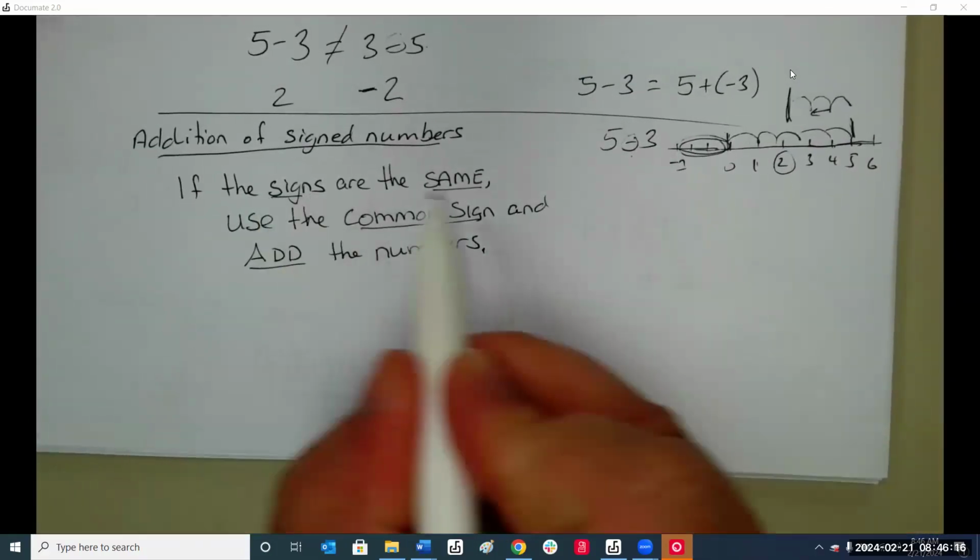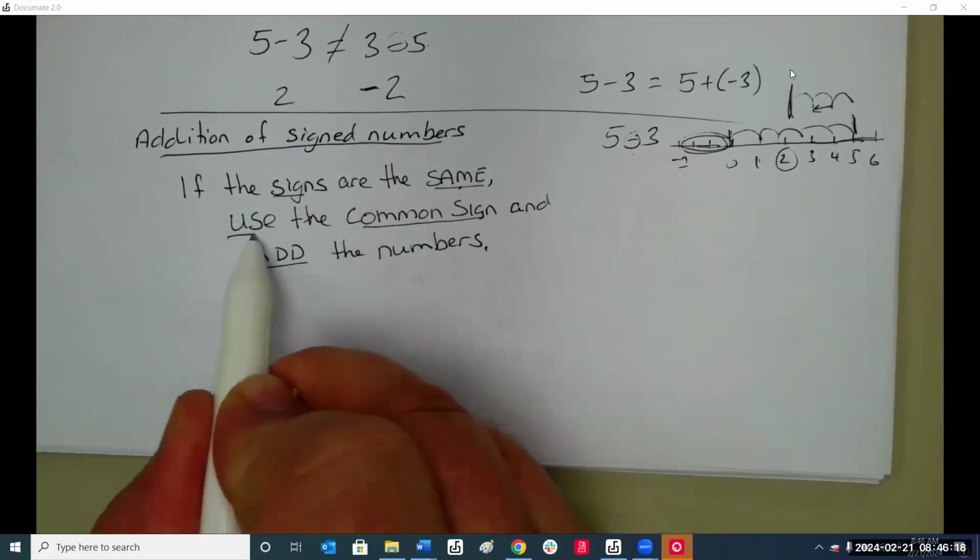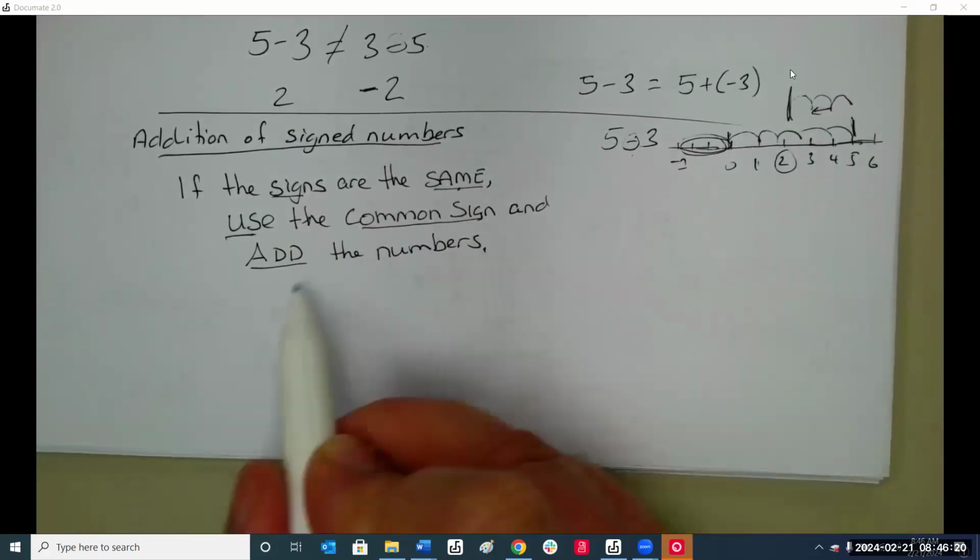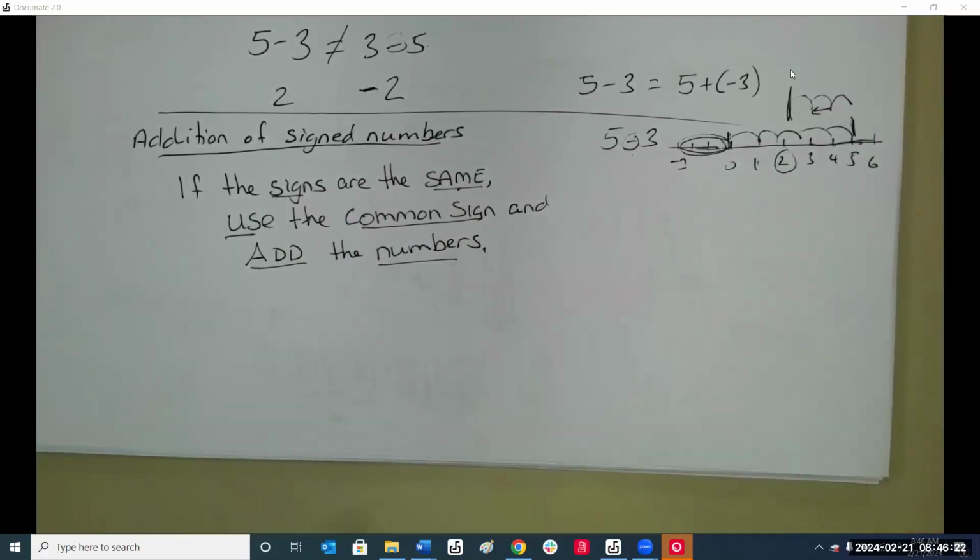If the signs are same, use the common sign and add the numbers. That pretty much sums it all up.